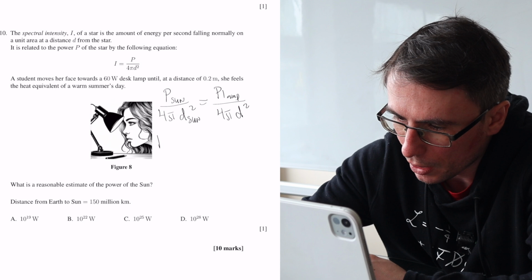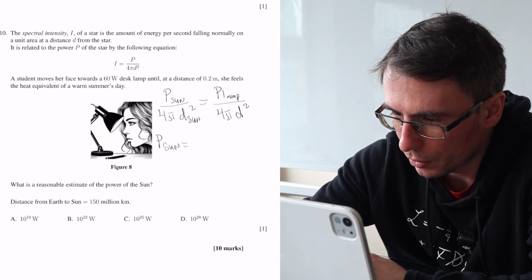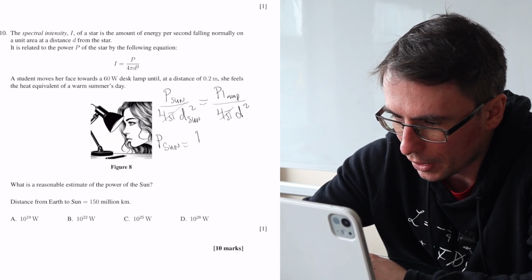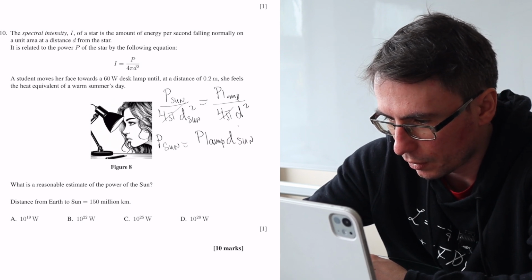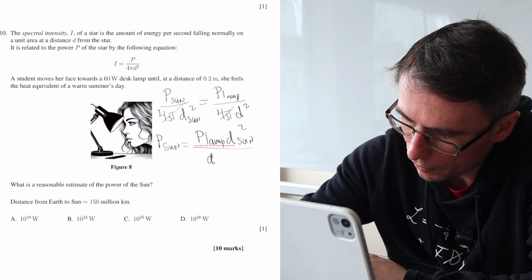So the power of the sun will be equal to the power of the lamp times the distance to the sun squared divided by d squared.